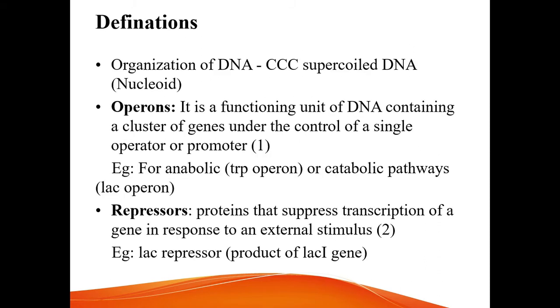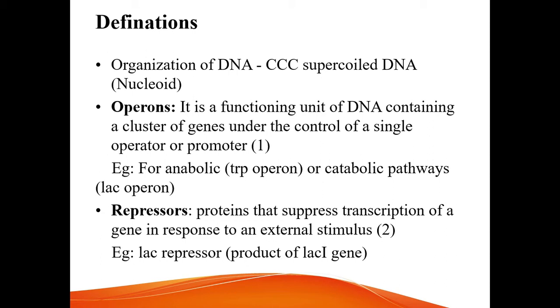Now, definition. First, what differentiates prokaryotes from eukaryotes is its DNA. In prokaryotes, the DNA is not in nuclear form, or it is said to be naked, and it is CCC, supercoiled DNA. What do you mean by CCC?